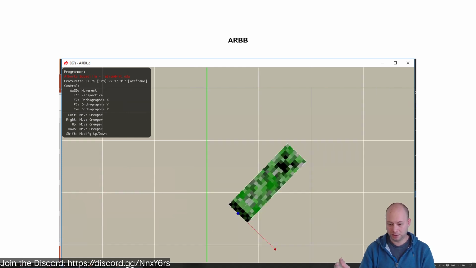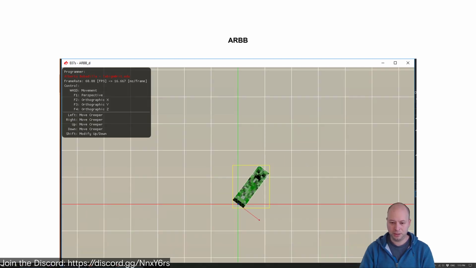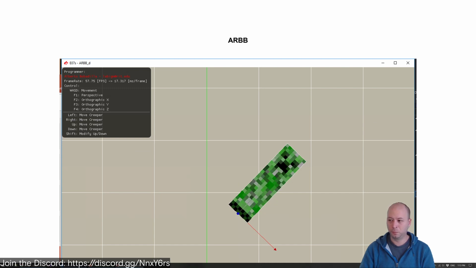Now, when we rotate it, however, you can see that some of the axes are still aligned correctly, but clearly the y is incorrect and the x is incorrect as well. As you can see here. So what would we do?